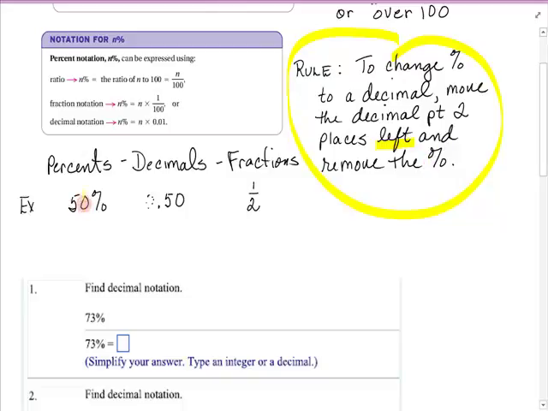You can see it here in the 50%. The decimal point started on the right-hand side. If you move it 2 places to the left and drop it, you have this number and you take the percent sign away. So 2 places takes care of the over 100.